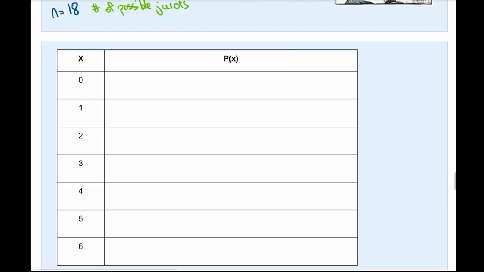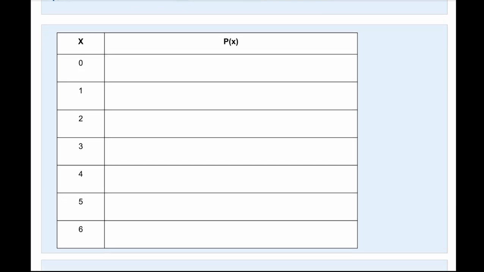So for my probability distribution, I should have x from 0 through 6, the number of women on the jury. Depending on which formula you use, you can use either one. But in general, it is a choose x times n minus a choose r minus x, all divided by n choose r. But you can think of it as that lottery question, right?